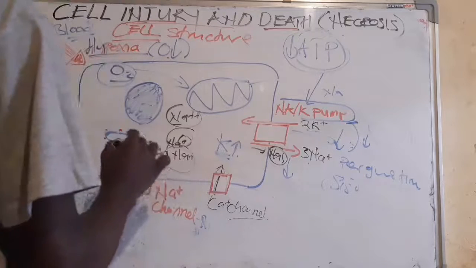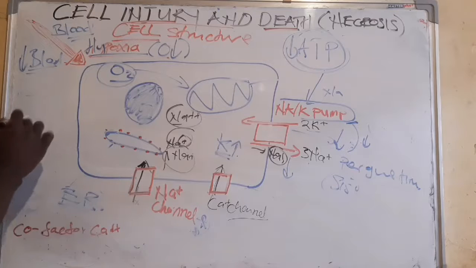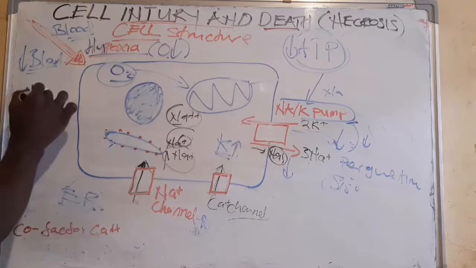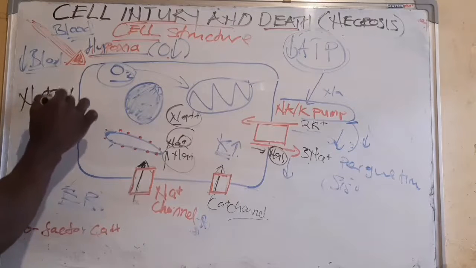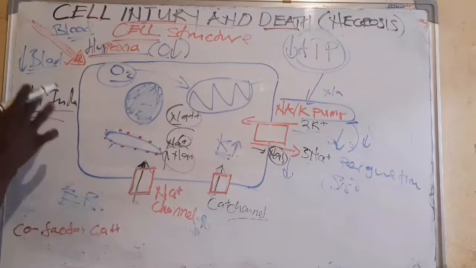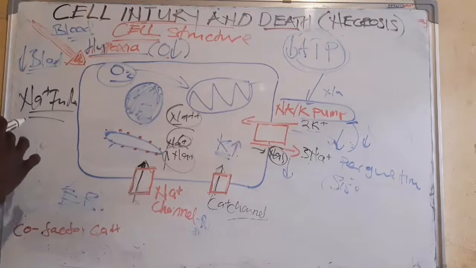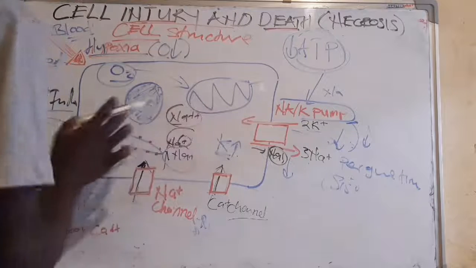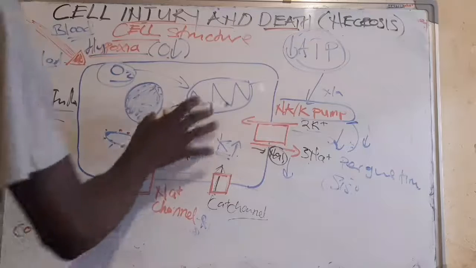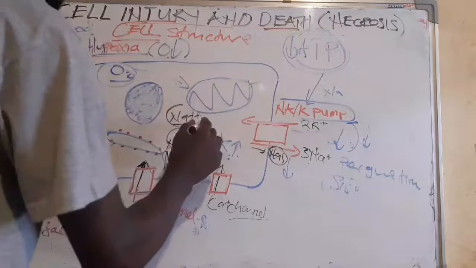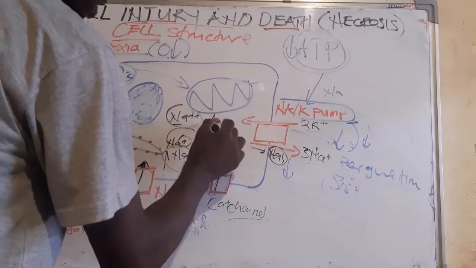This leads to sodium ion influx. What does this sodium ion influx cause to the cell? It depolarizes the cell.